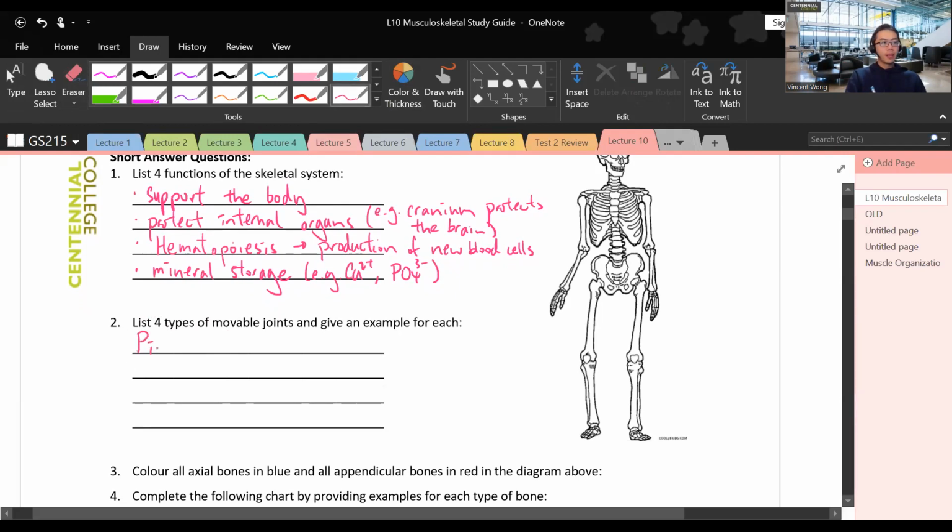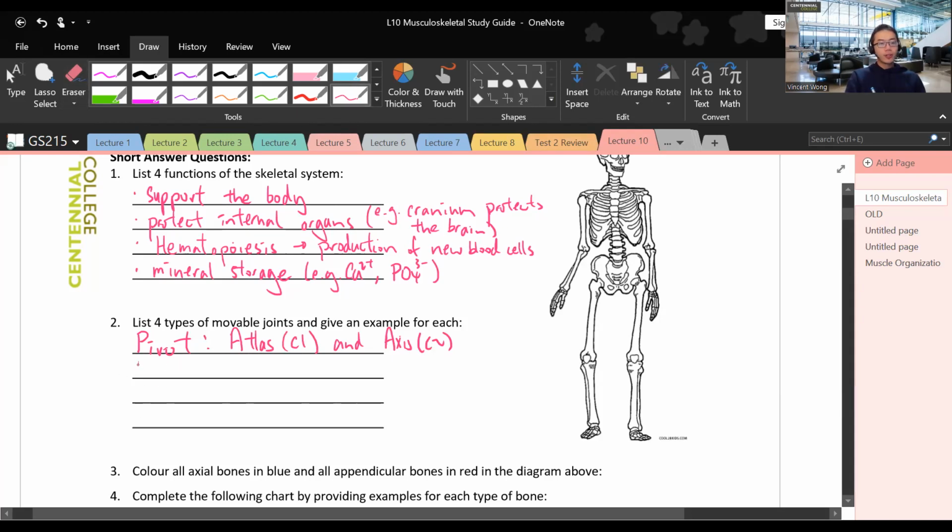That's okay. That is a pivot joint. Yeah, thank you, Mavis. So pivot joint would be C1 and C2, which is, of course, the atlas and axis. Okay, so that's the one in the neck, right? That allows you to pivot your head, turn your head side to side.